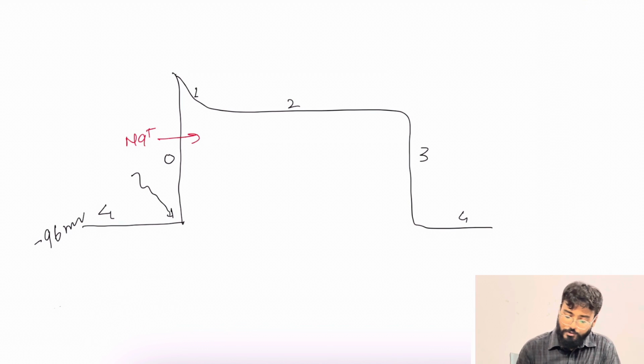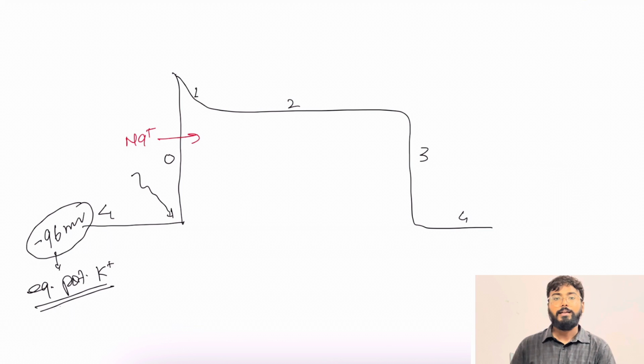It is because this is the equilibrium potential of potassium ions. As we all know, in the resting stage there is more potassium inside the cardiomyocyte and there is more sodium and calcium outside the cardiomyocyte, that is in the extracellular fluid.